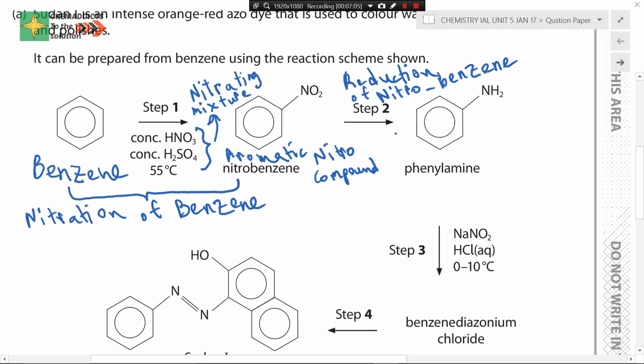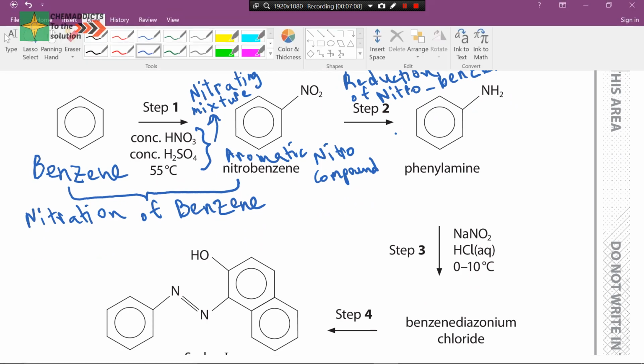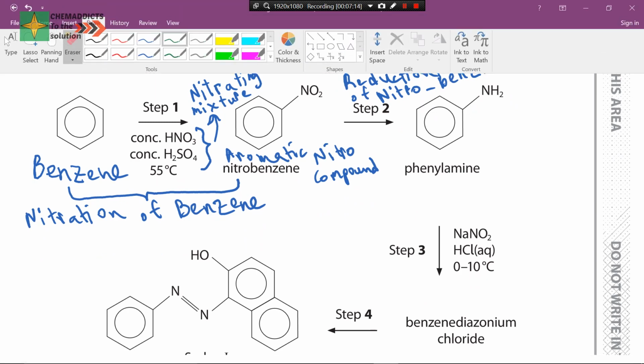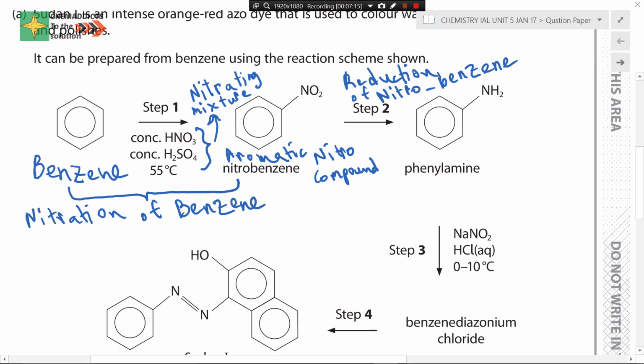So in step 2 we are carrying out reduction of nitrobenzene. In order to carry out the reduction of nitrobenzene, we need two reagents. One is tin and another one is concentrated HCl. That's it.